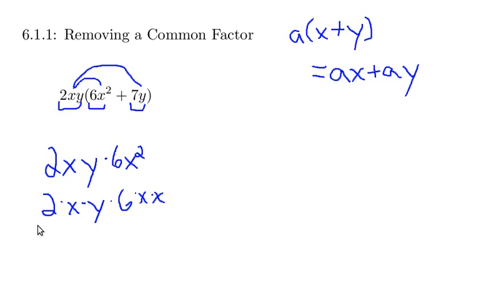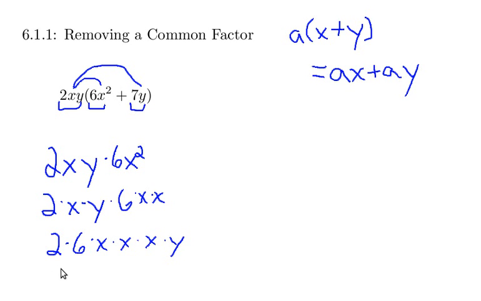I'm just writing out the individual factors. I'm not factoring out 6 right now because I don't need to, but I will need to later on. So now I can rearrange this into any order I want. So I'll change this into 2 times 6, because remember that multiplication is commutative. 3 times 4 is the same thing as 4 times 3, so I can rearrange these in any order that I want to. So 2 times 6 times x times x times x times y.